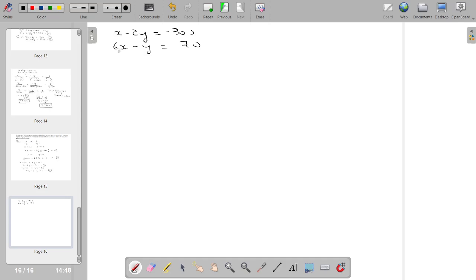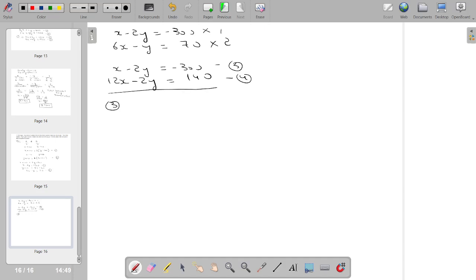Elimination method will be good here. Let's say I want to eliminate y. So I am doing 2 into 2 minus 1. So x minus 2y is equal to minus 300, and 12x minus 2y is equal to 140. Let these be equations 3 and 4.